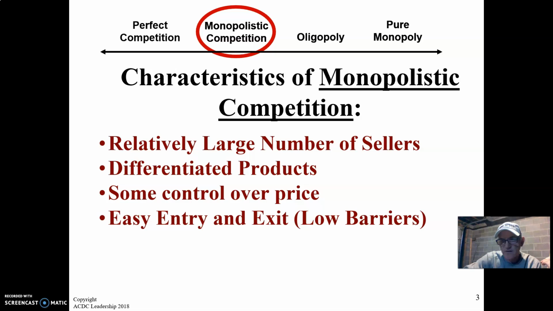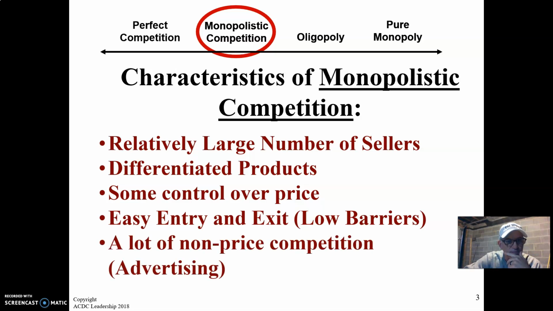So there are low barriers of entry because some companies are already up and running and have the ability to easily either come up with a new product or tweak a product that they already have based on what somebody else may already be getting a lot of high demand for.